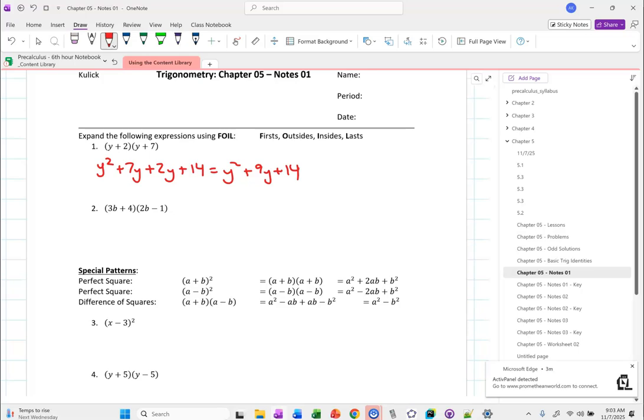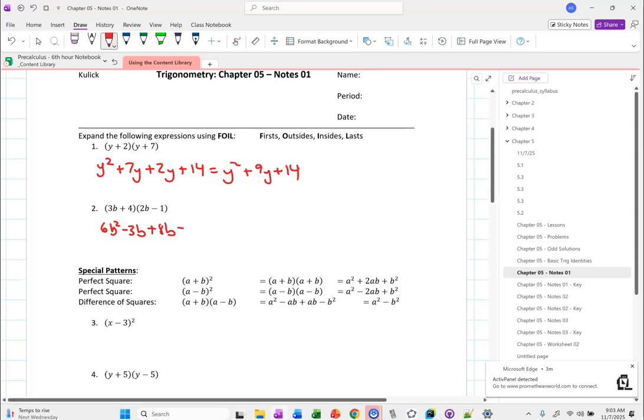So when I do the first here, what do we get? 6b squared, and the outer is minus 3b. And the inner? Positive 8b, and the last? Negative 4. Feel good? Okay.